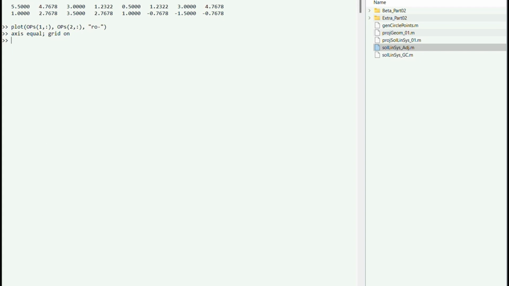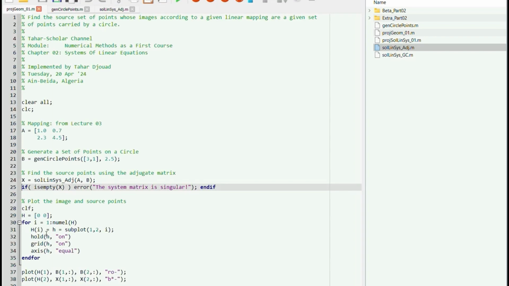But when you have a subplot, you have to do it this way. You give the handle. Subplot returns a handle depending on the index: for i equal 1, it gives the handle of the first axis, and for i equal 2, the handle of the second axis. And we store this handle in big H.